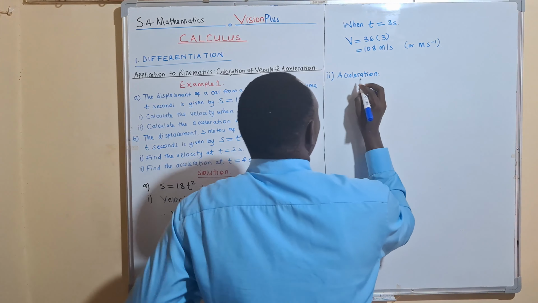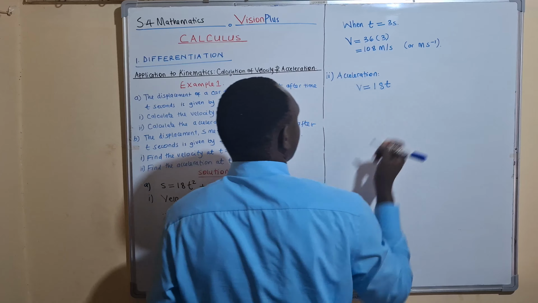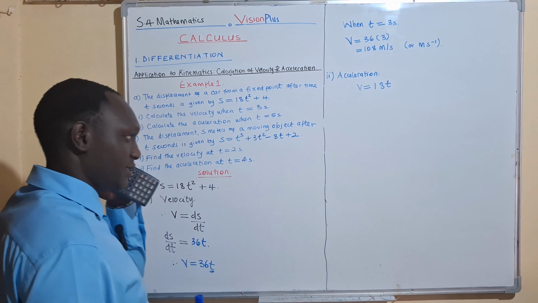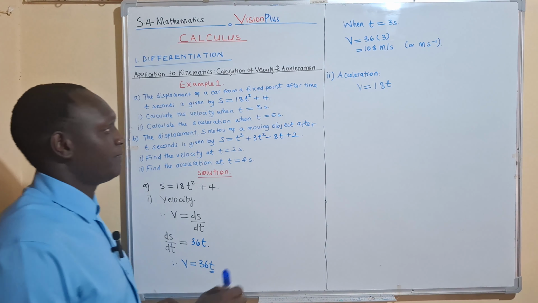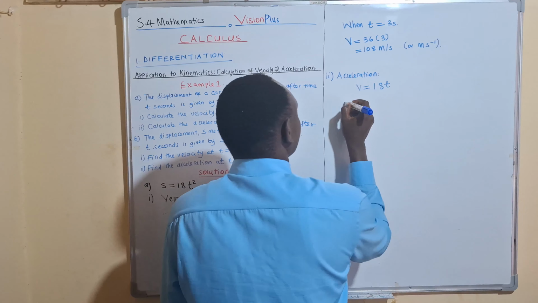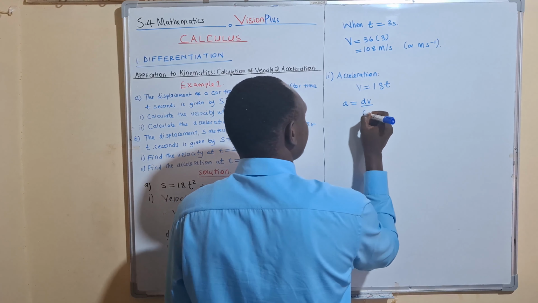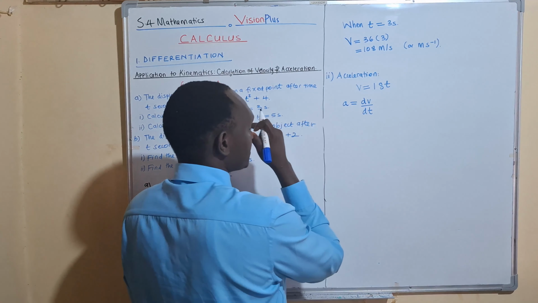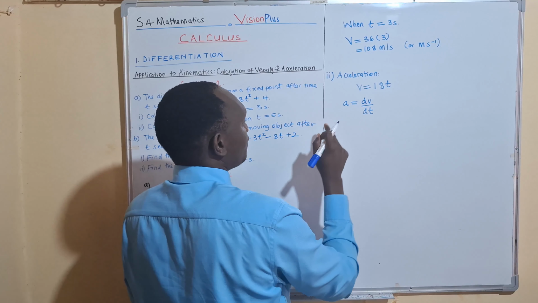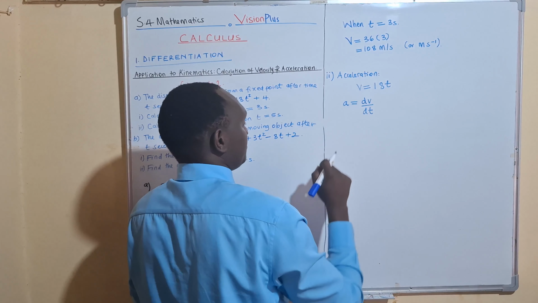So we have seen that the velocity at any time t is defined by 36t. That is the expression for velocity at any time t. Now, what is acceleration? Acceleration a is dv/dt. Acceleration is the measure of how fast the velocity changes with change in time.